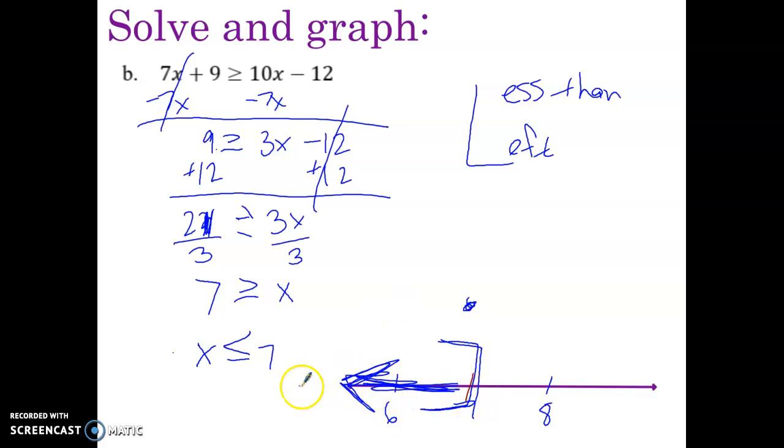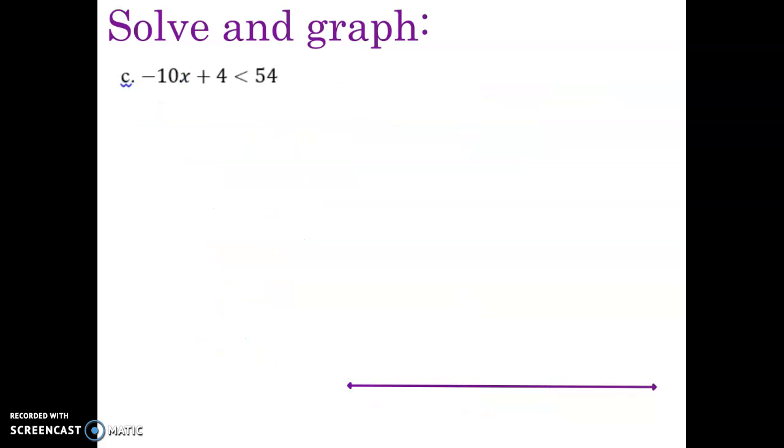Every number less than 7, fraction, decimal, whole number, integer, is part of the solution. 7 is one of those numbers that's part of the solution. But over here, 8 that's not shaded in, 8 is not part of the solution. And there's infinitely many numbers over here also. So I have infinitely many numbers in the solution and infinitely many numbers not in the solution.